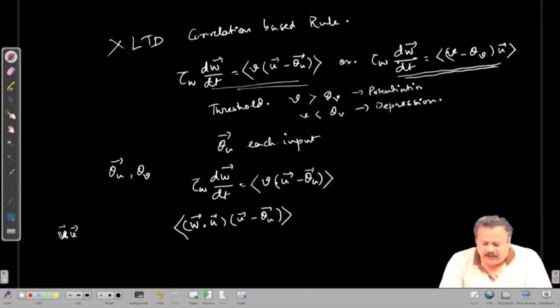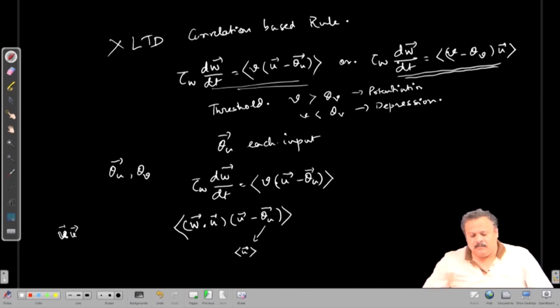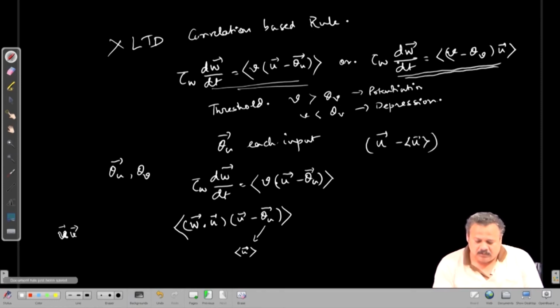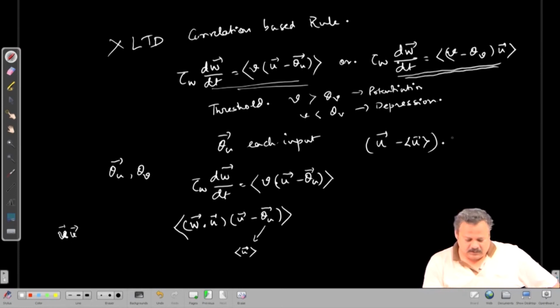Here, if we choose our theta u to be the average of u, then we get u minus average of u multiplied by w dot u.